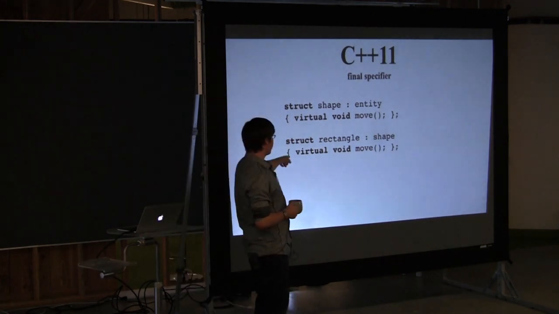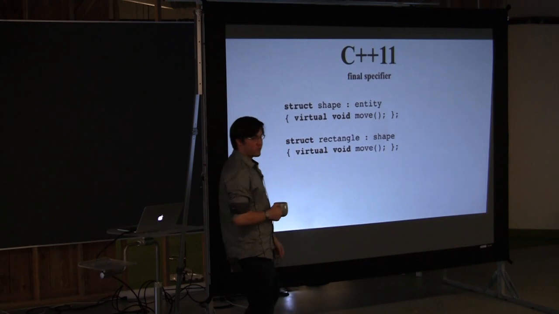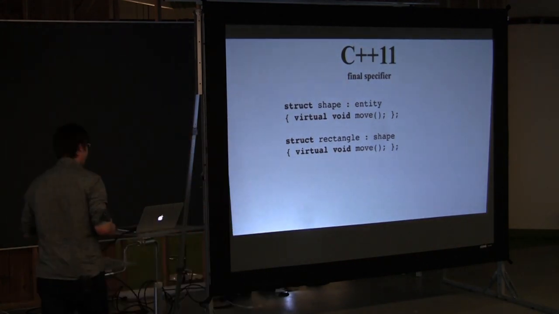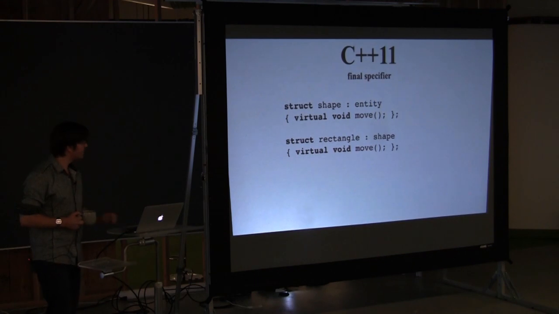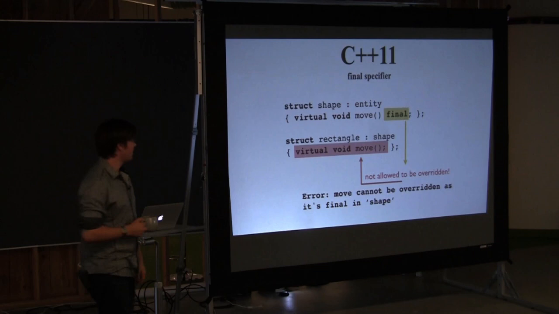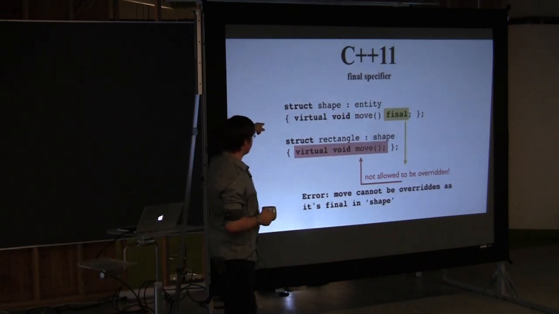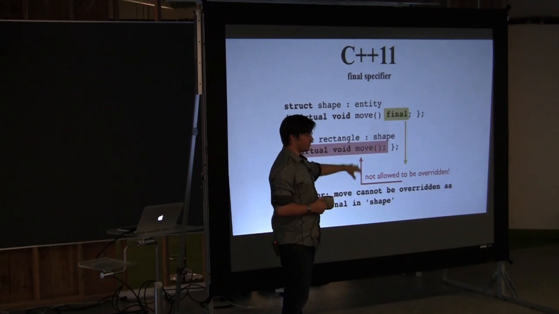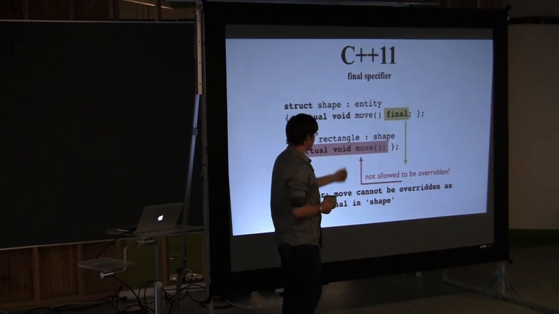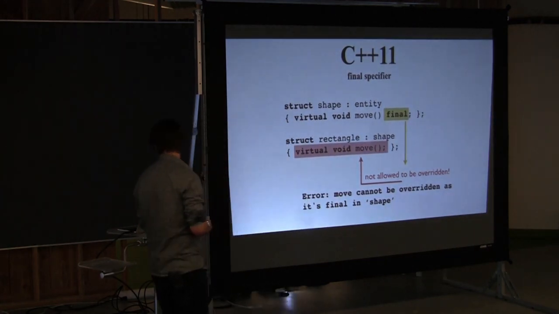The rectangle might violate that by saying, I'm going to define my own move anyway. However, you as the implementer of shape can then say final. If you say final at the end of a virtual function declaration, it means that you don't allow any subclass to override it, and this would yield a compilation error.